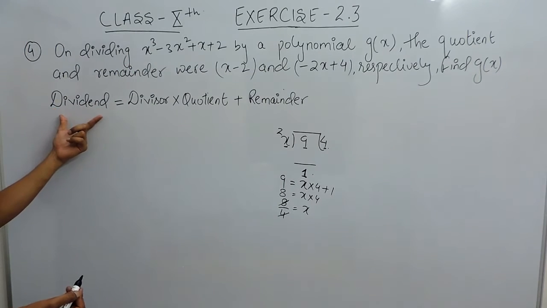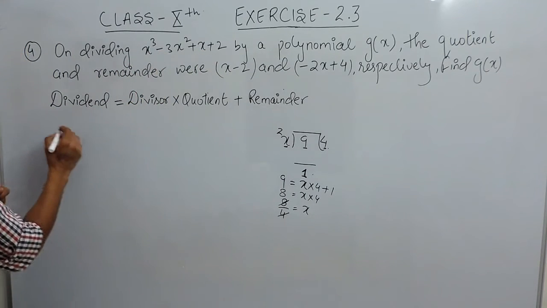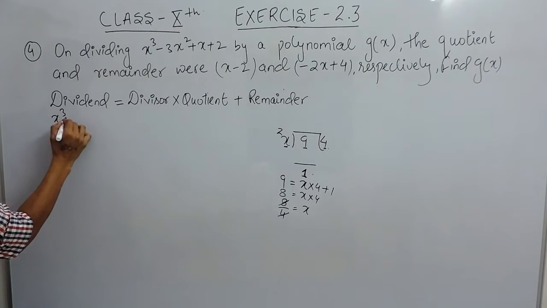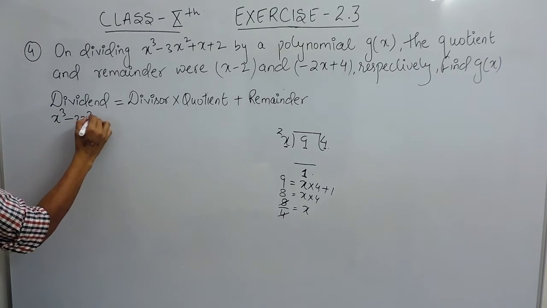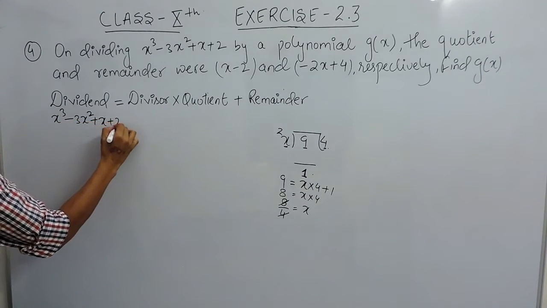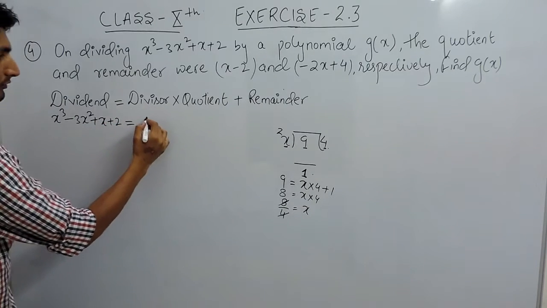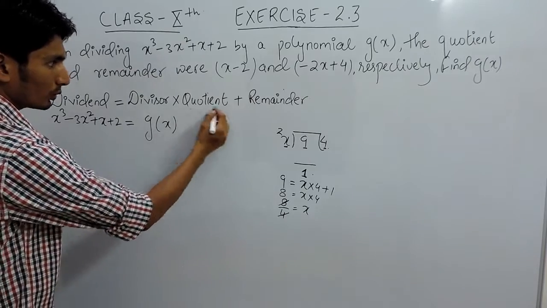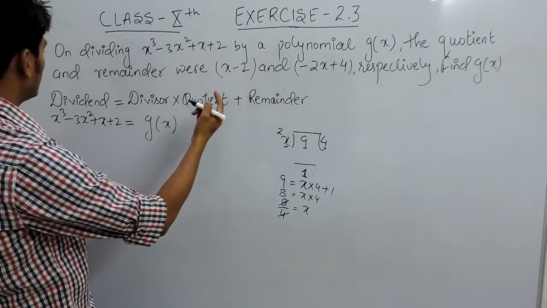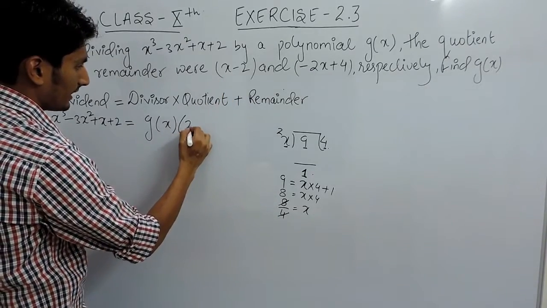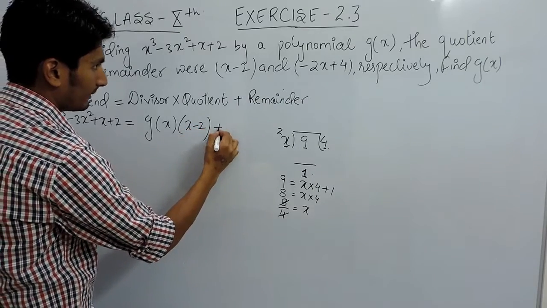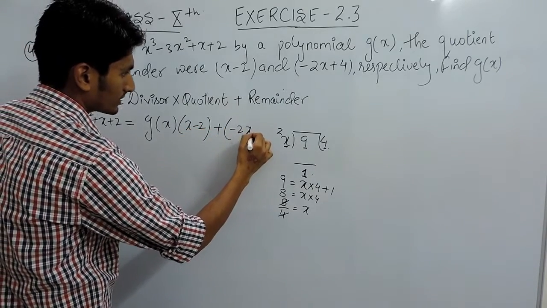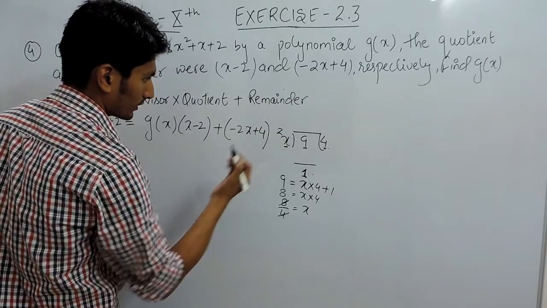In this case, dividend is basically this much, which is x cube minus 3x square plus x plus 2. Divisor you have to find out, which is gx. Quotient in this case is basically this, x minus 2, and the remainder is minus 2x plus 4.